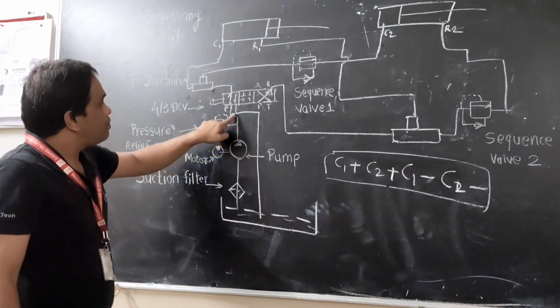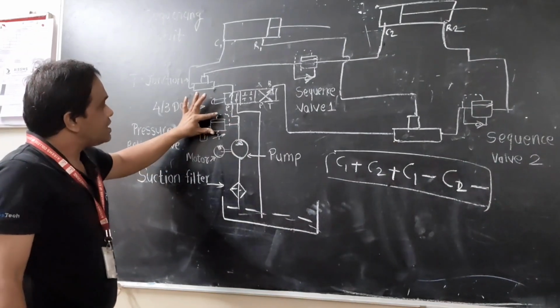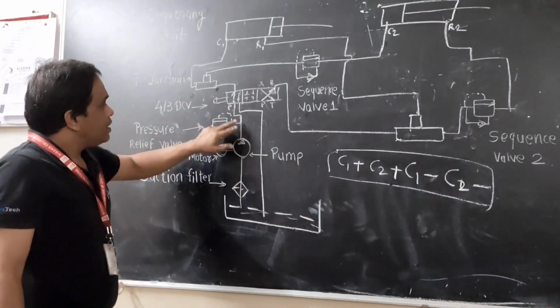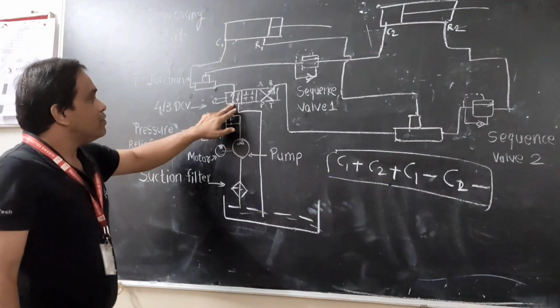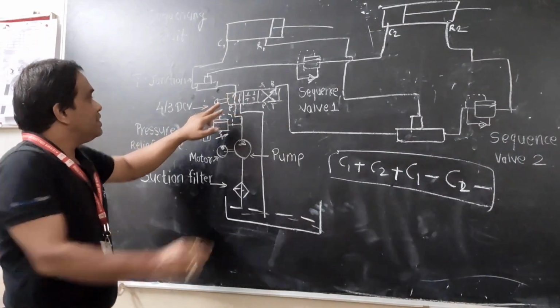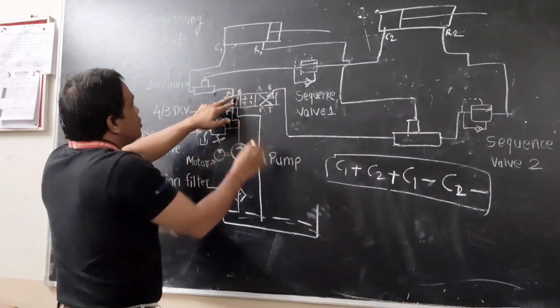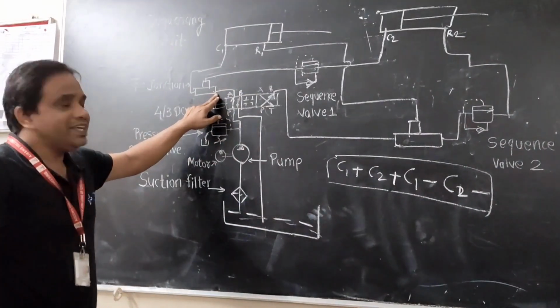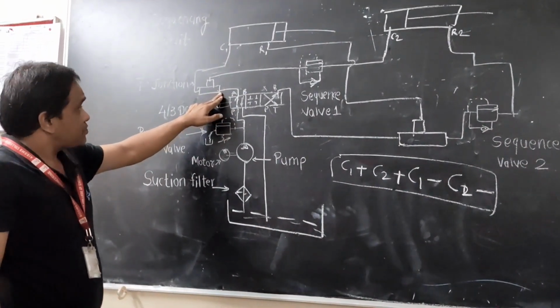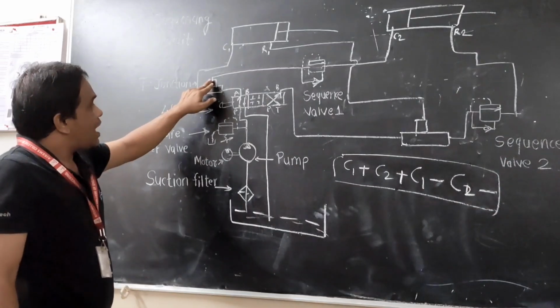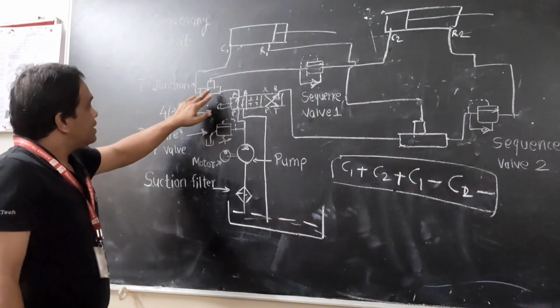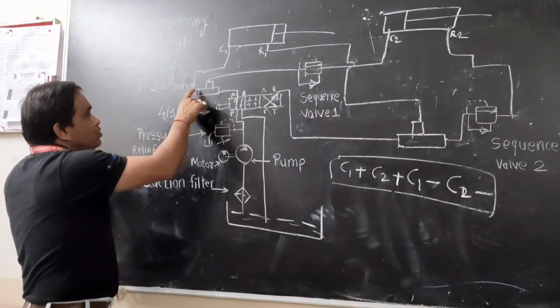See, the P port of the pump, or you can say the relief valve, is connected to the P port of this direction control valve. Then this is the A port. The A port of the direction control valve we have connected to a T, and the T has 3 ends: 1, 2, 3.